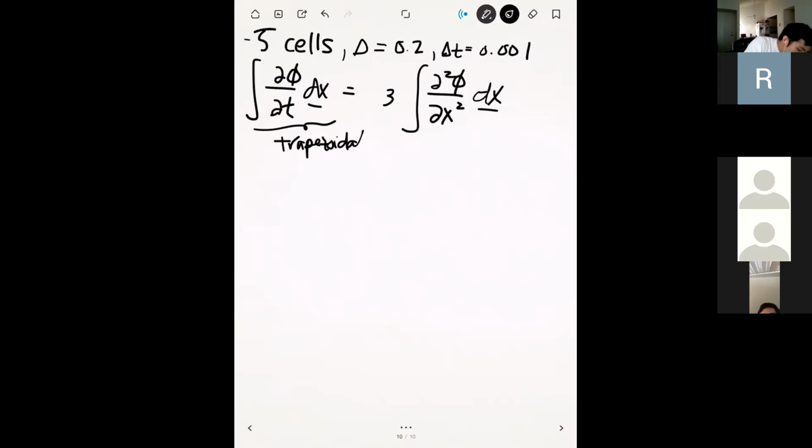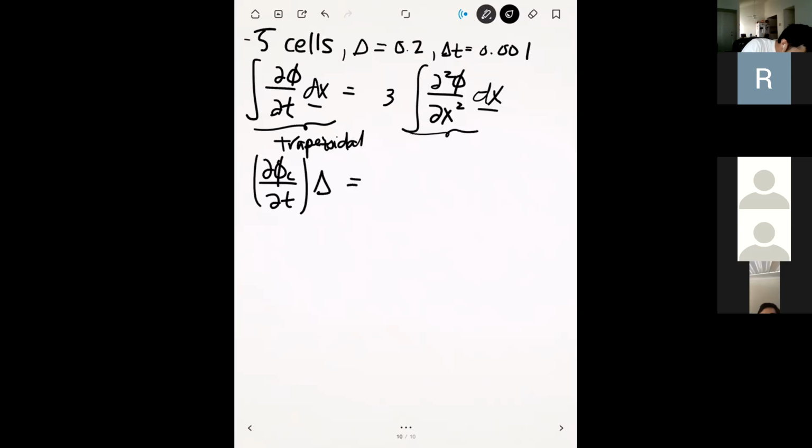And then what we get is d phi c dt times delta. On the right-hand side, we have the integral of our diffusion term. Here's the shortcut that I was talking about earlier. Instead of working through this integral, we already know what the discretization for the diffusion term is.